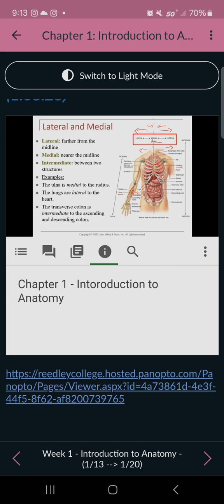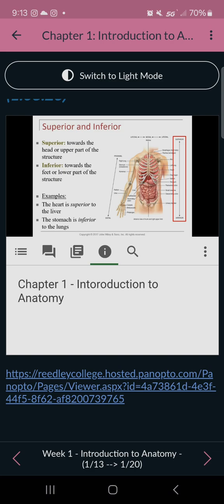And then the transverse colon: if you look at the large intestine, we have the ascending colon, the transverse colon, and the descending colon. The transverse colon is intermediate to the ascending and descending colon, meaning it's found between the two structures.